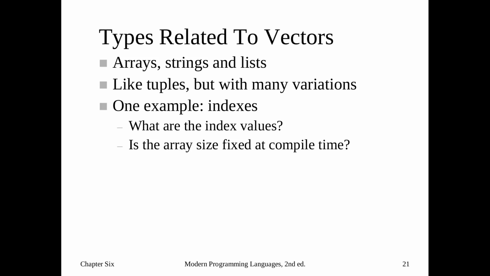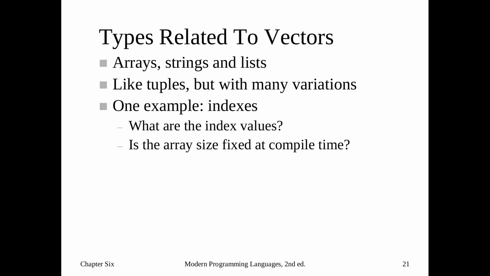Interesting as that is, there are other types that are related to vectors, right? We've seen structs, we've seen enums. These are basic types, but we also have types that are related to vectors, which we use all the time. Strings are a vector of characters. A list is just a vector of items. An array is a vector of items. They're very similar to tuples, but unfortunately, we can do much more with them, and they have a lot of different variation.